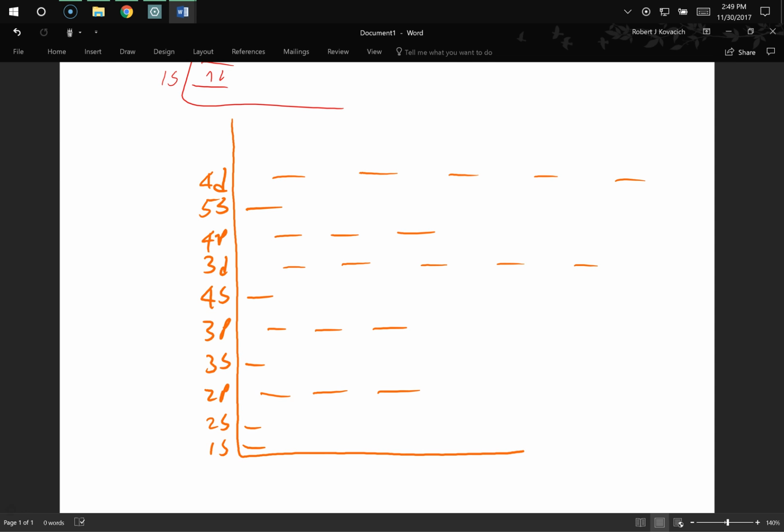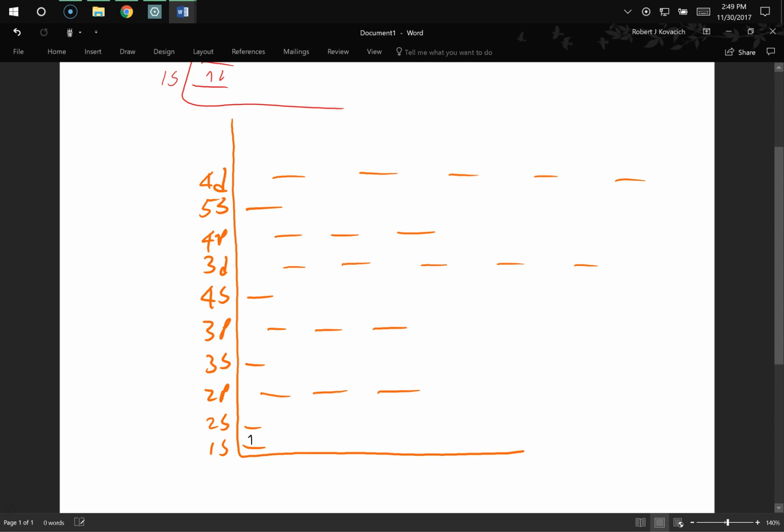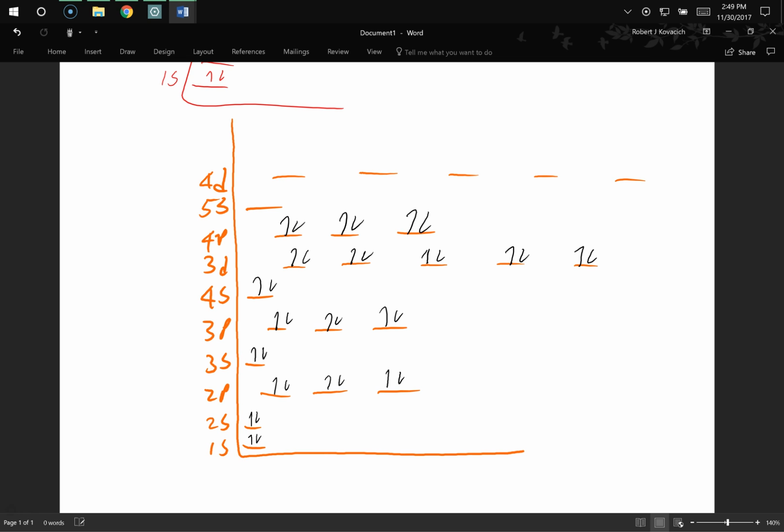Okay. So 1 up, 1 down, up, down, up, down, and so on, filling each orbital.